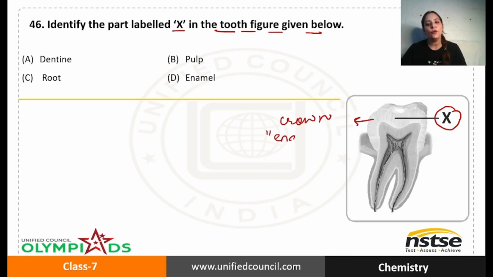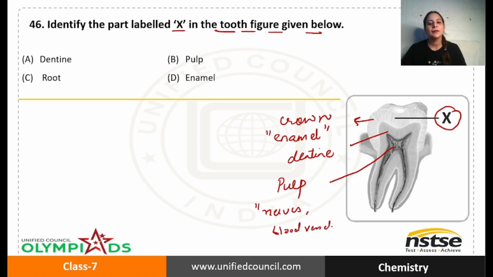It is made up of enamel, the hardest substance present in our body. Lower to it is the dentine, the part which forms the entire tooth. And inner to this is the pulp cavity, which contains nerves and blood vessels. And this one is root.